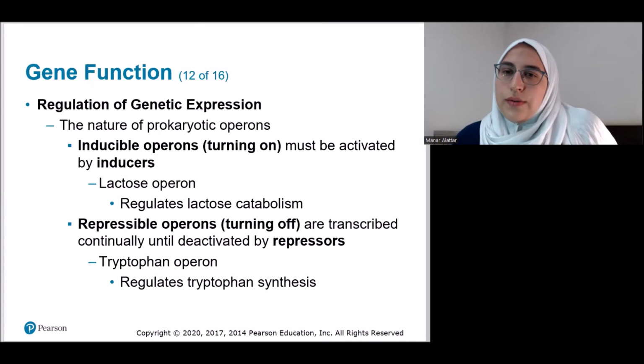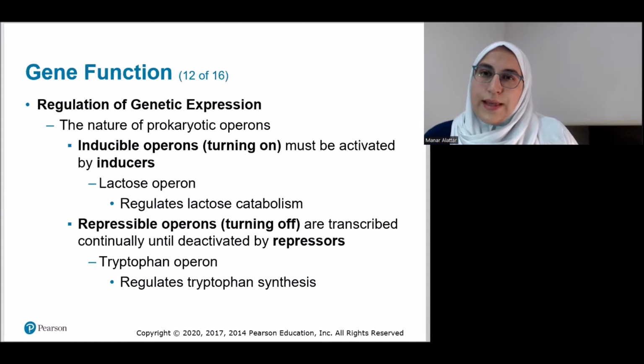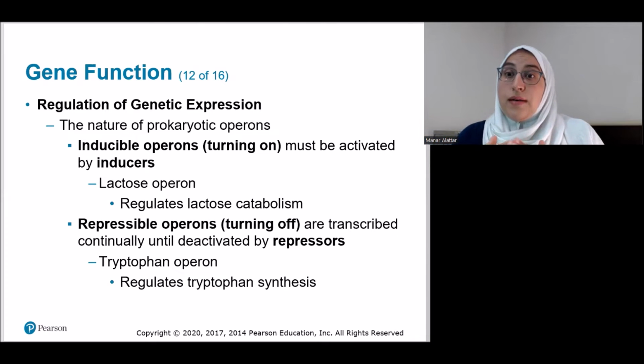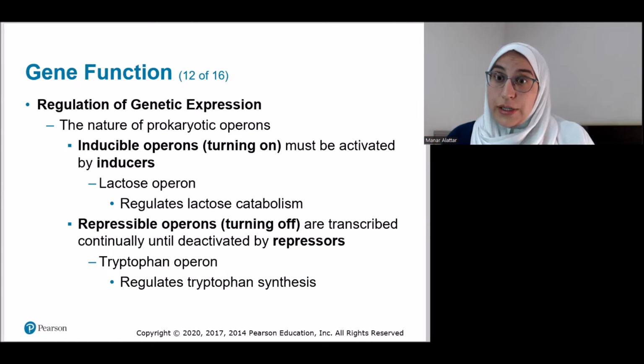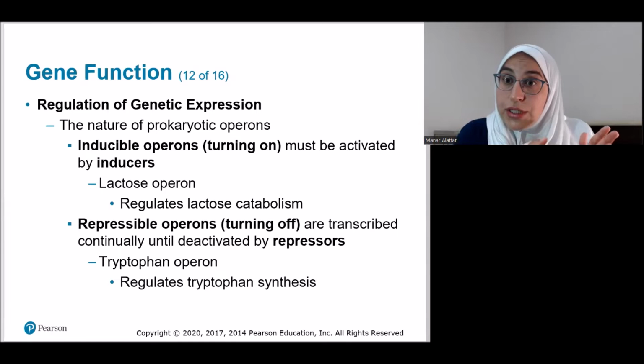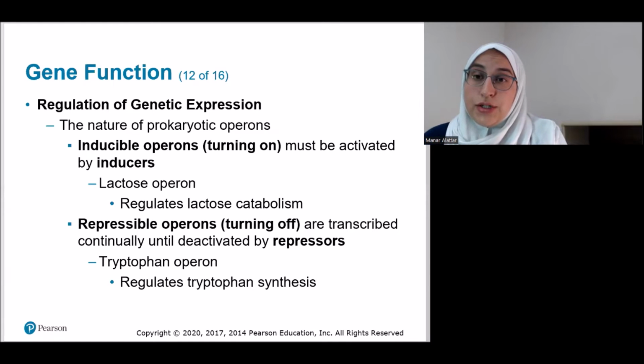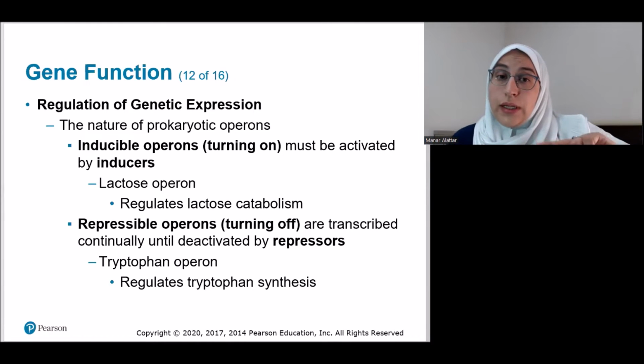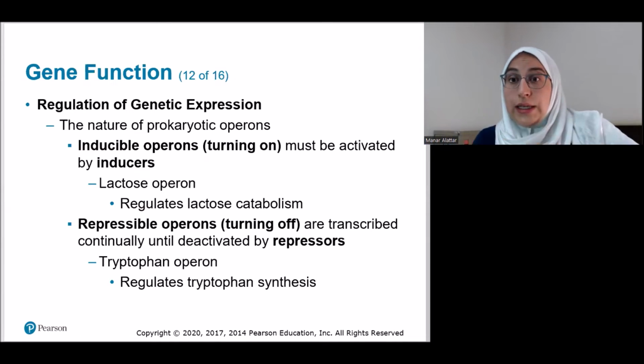So we have two examples of how genes can be regulated. First of all, before we get to that, genetic expression can be regulated at the transcription stage or the translation stage. And so this first example is regulating genetic information at the transcription stage, where it's a matter of whether or not you make a copy of the DNA in the first place.